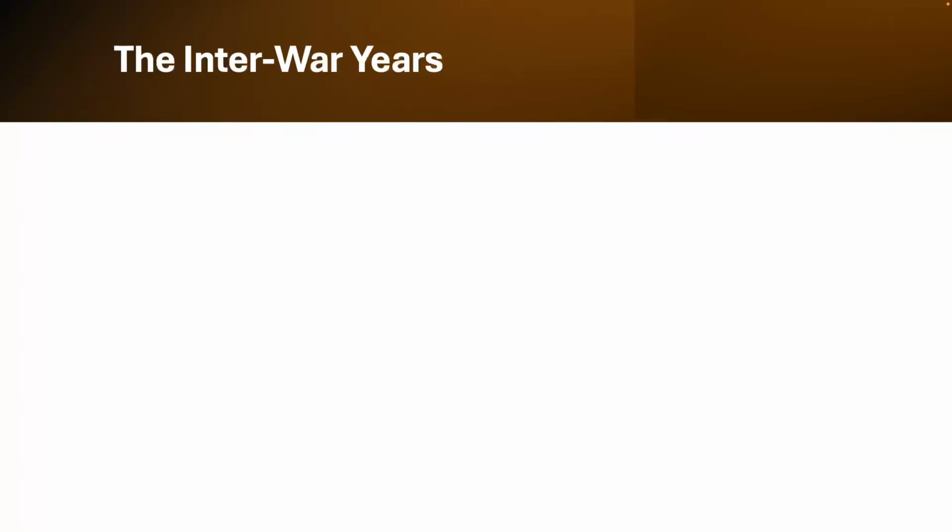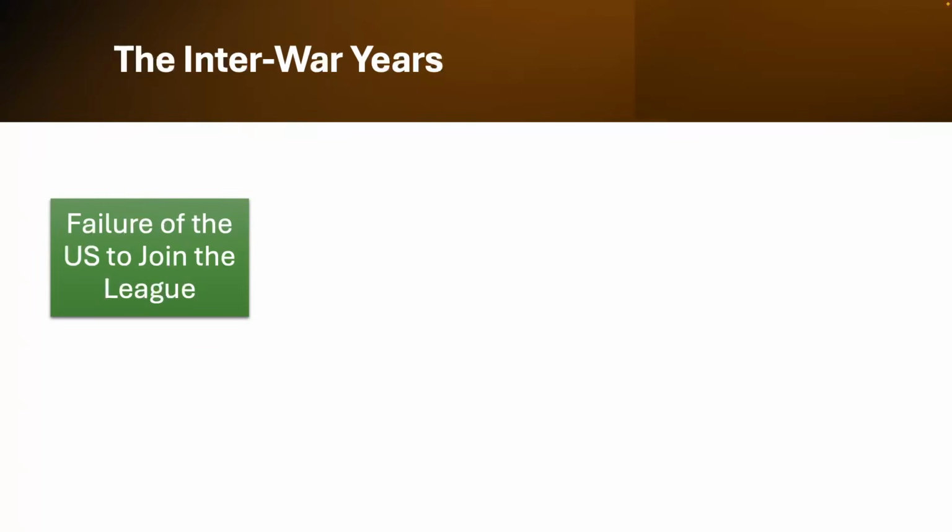Well, despite its ambition, the League of Nations was hampered by a number of really significant issues. So, firstly, the most important of these early significant issues is the fact that the United States fails to join. The League of Nations did not, in fact, manage to win over the support of the US Congress.